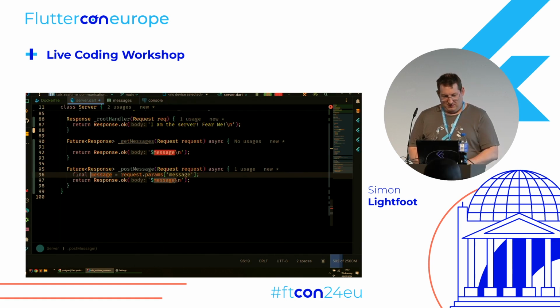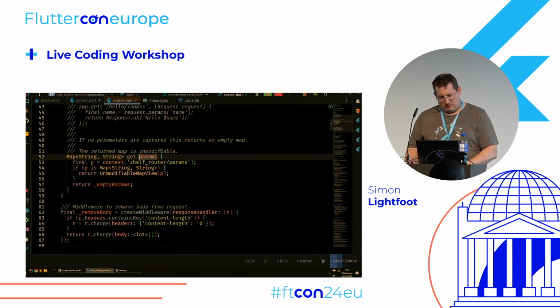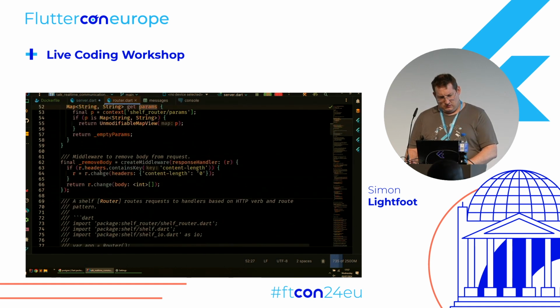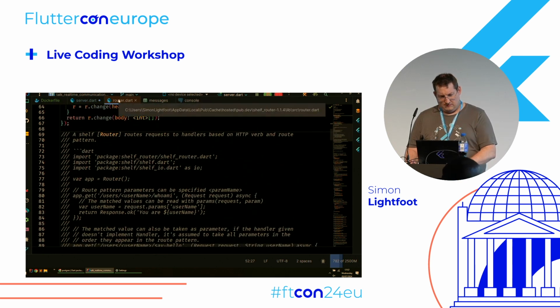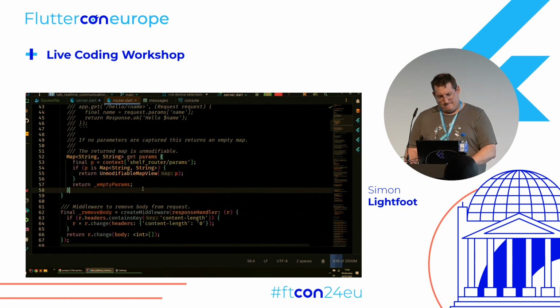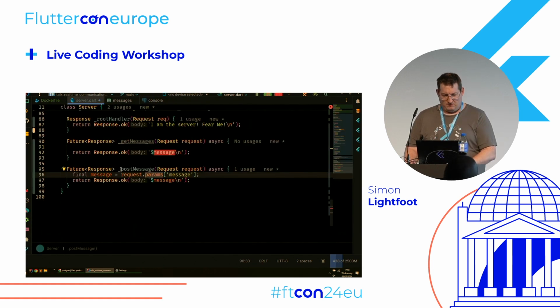That's how I have a parameter called message. In fact, will it pass the body? I'm not sure. I have a feeling this won't do what I want it to do. Sure, we'll do it. Right. Okay.